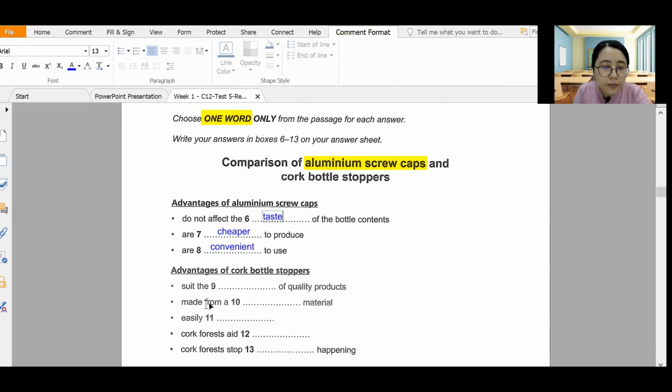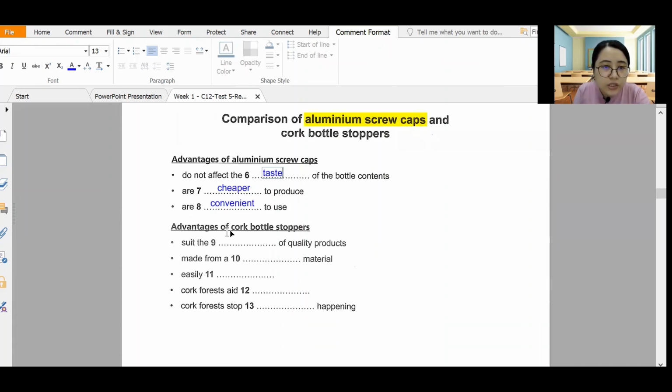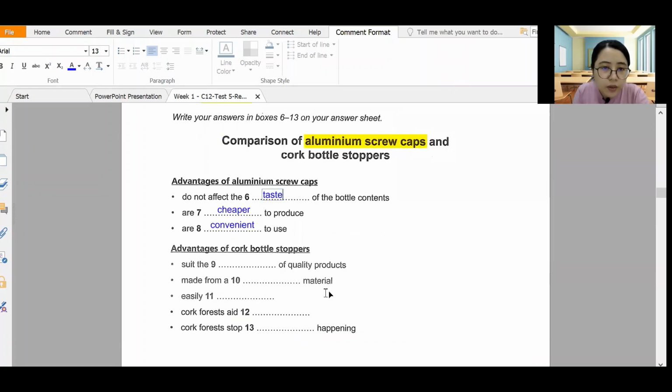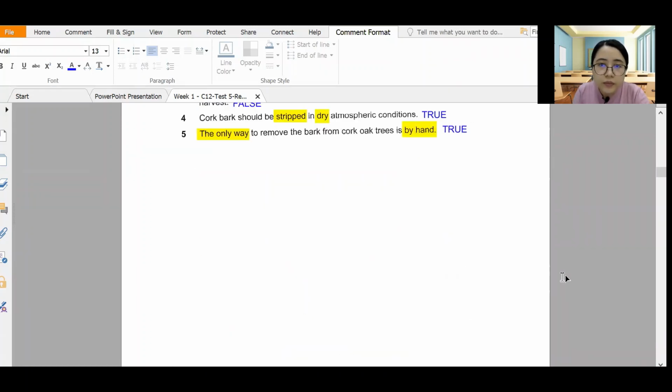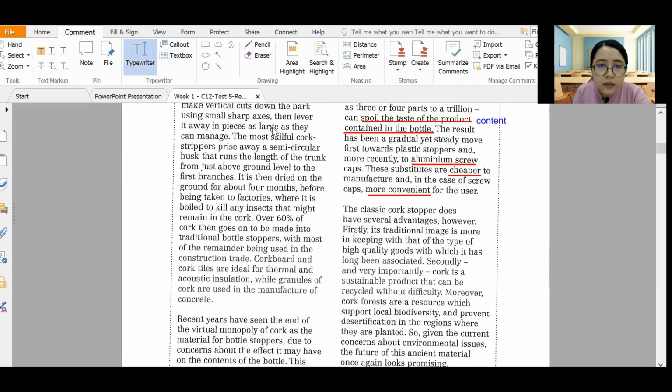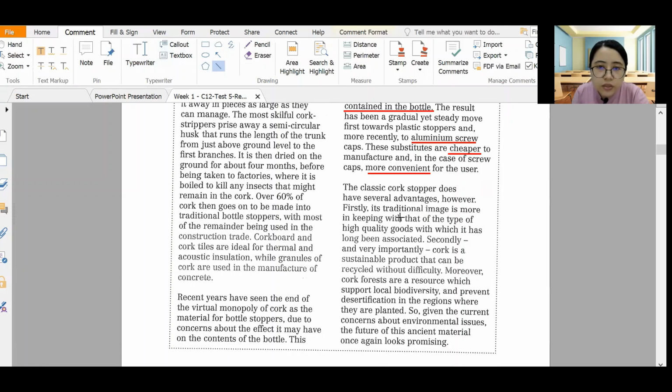And number 9, advantage of cork bottle stoppers: to suit the what of quality products. Made from a material. What kind of material? Let's see. First, traditional image is more in keeping with the type of high quality.